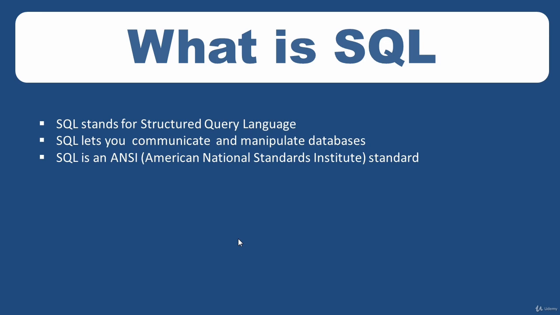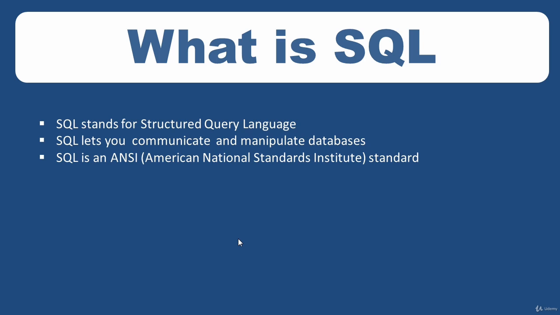There are different versions or flavors of the SQL language. For example, Oracle has got its own proprietary extension to the language. Also, Microsoft SQL Server has got its own proprietary extension to the language.